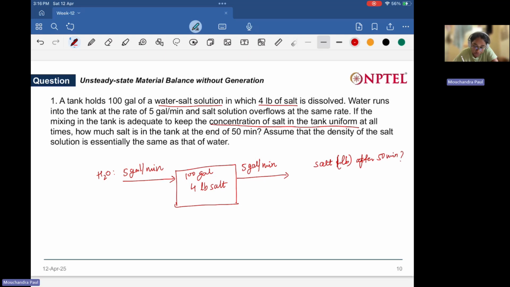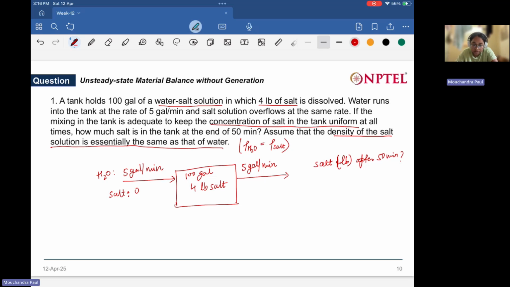Now assume that the density of the salt solution is essentially the same as that of water. So the water density is equal to the salt solution density, and this is the assumption. And here, in the inlet, no salt is going in. All right.